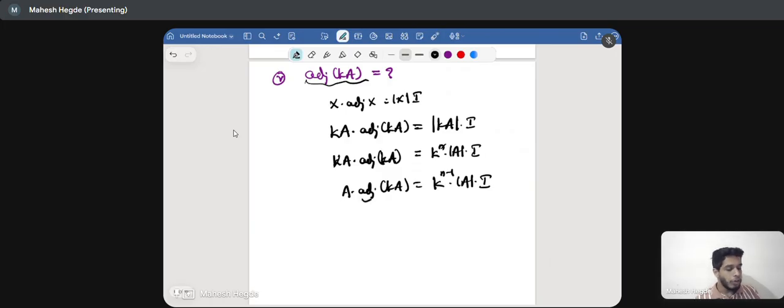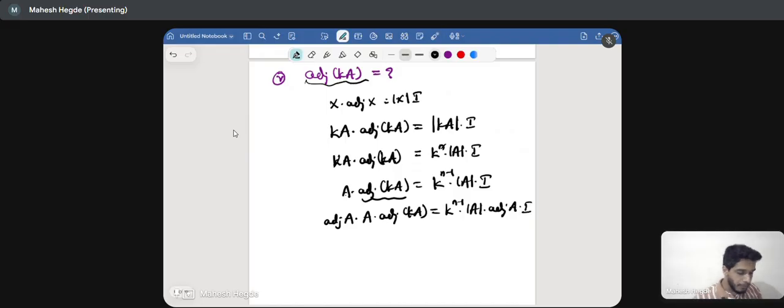Now I want adjoint of KA, so I have to get rid of this A on the left hand side. To get rid of A, I pre-multiply by adjoint of A on both sides, so adjoint of A into A into adjoint of KA is K power n minus 1 into determinant of A into adjoint of A into identity matrix.